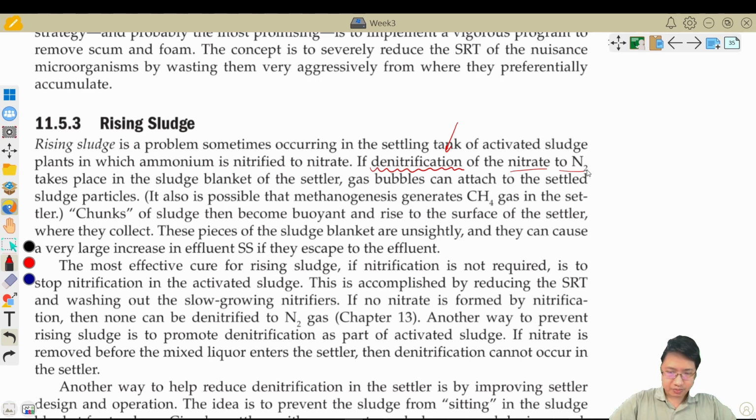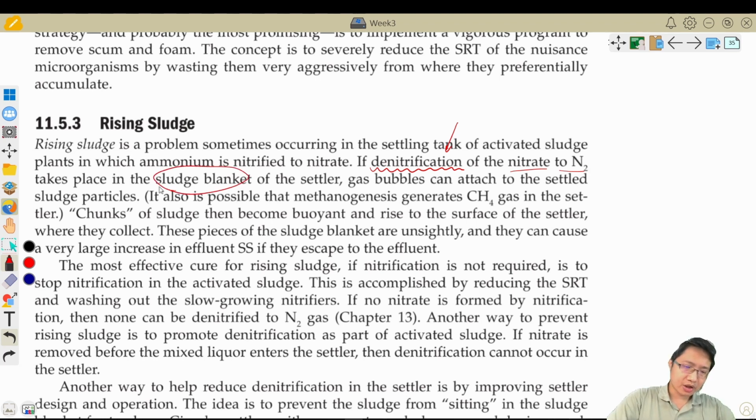When you have that kind of sludge in your systems, those released gases will cause your activated sludge to float up to the top of the reactors.